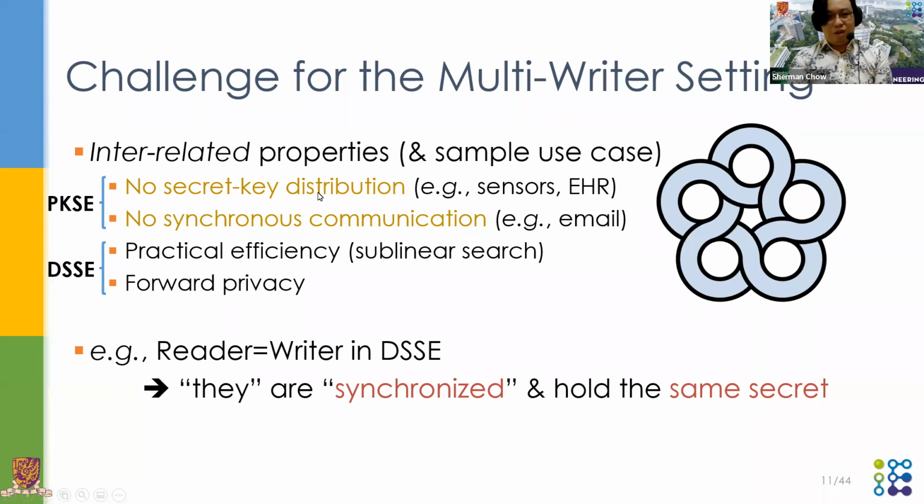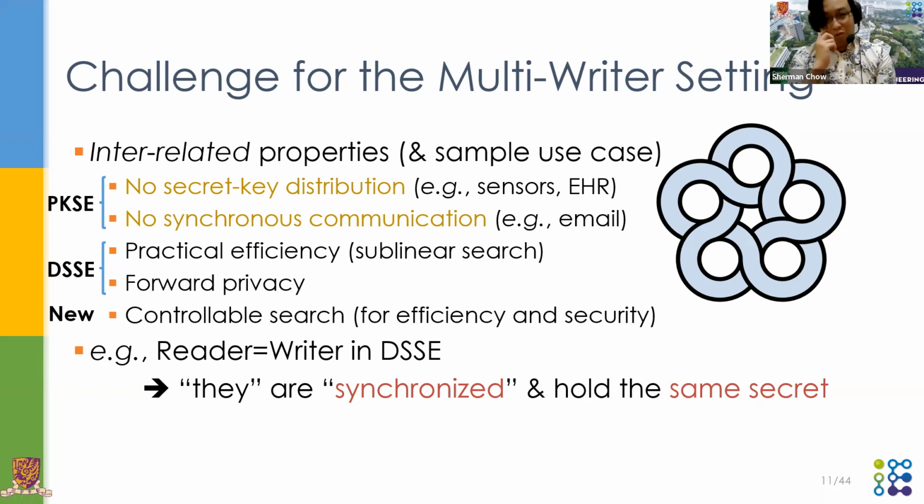So there's always a trivial solution, which is to just surrender the secret key of the SSE, but on the other hand, you cannot really separate the reading power from the writing power. So this trivial solution does not work at all. So you can see now they are sort of interrelated.